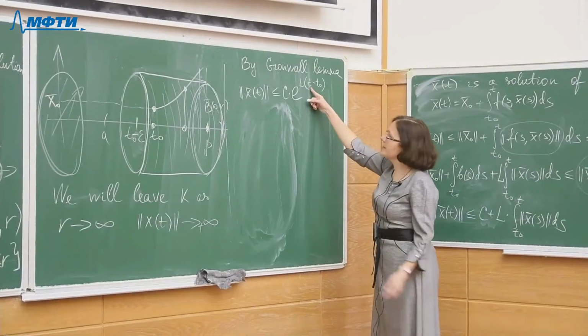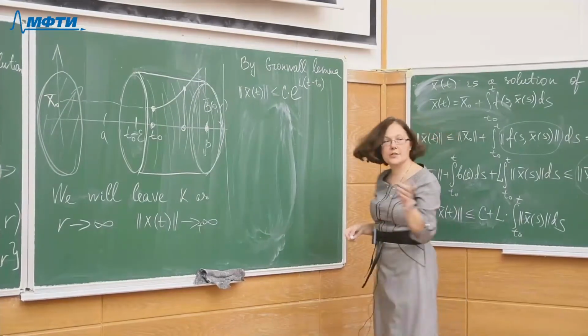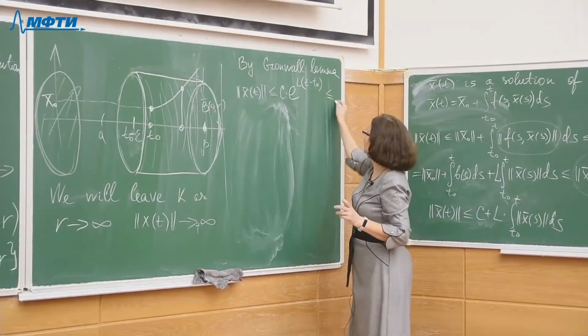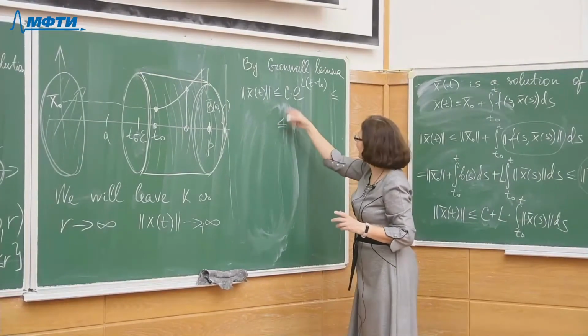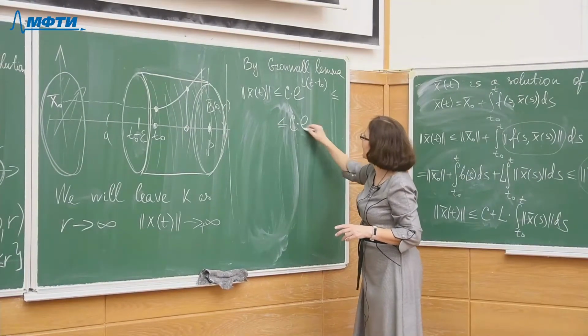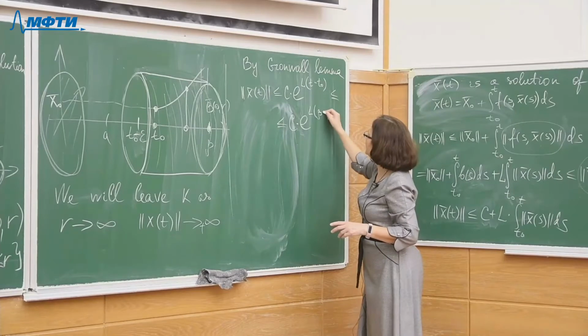So t is arbitrary, but between t0 and beta, and so we can use this estimation: c times e to the power L times beta minus t0.